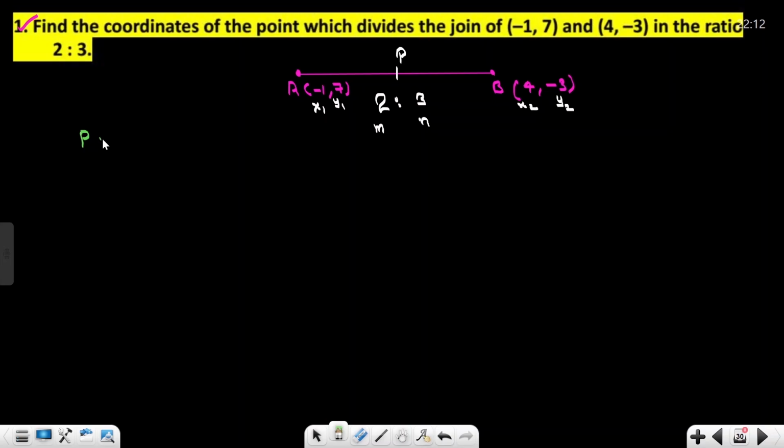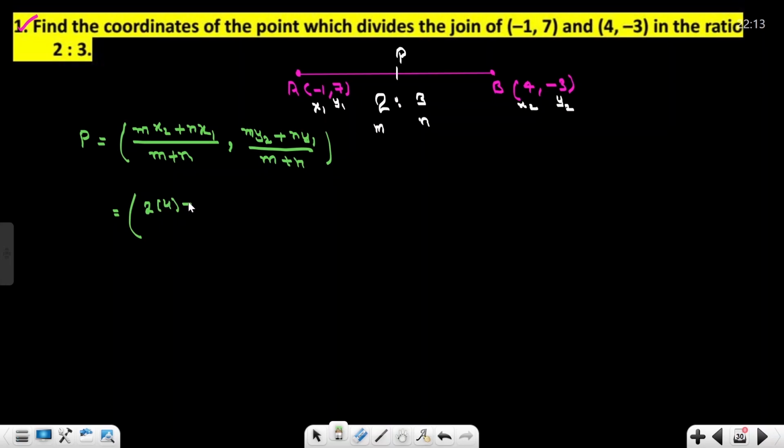P coordinate is what? m into x2 plus n into x1 divided by m plus n, and m into y2 plus n into y1 divided by m plus n. Okay, now just put the values. M is what? 2. X2 is what?